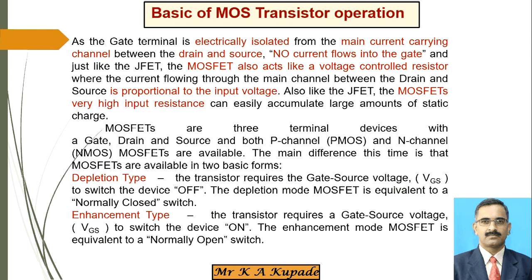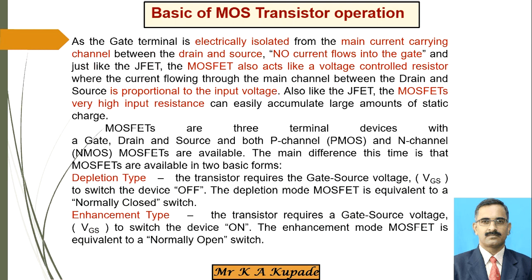Also, like the JFET, the MOSFET, as I explained in the previous slide, has high input resistance and can easily accumulate a large amount of static charge. MOSFETs are, as usual, three terminal devices with a gate, drain, and source, and both P channel (PMOS) and N channel (NMOS) MOSFETs are available.